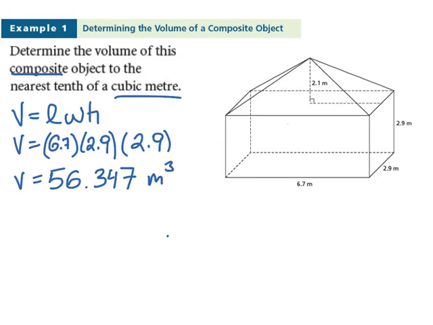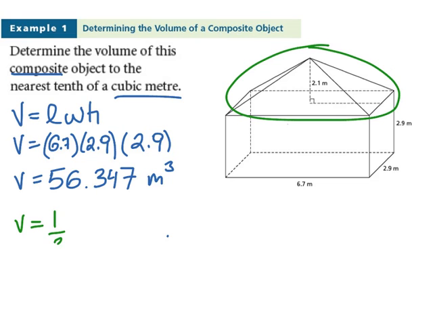Now we're going to be calculating the volume of this rectangular pyramid. Recall that the volume of the rectangular pyramid is a third times the area of the base times its height.